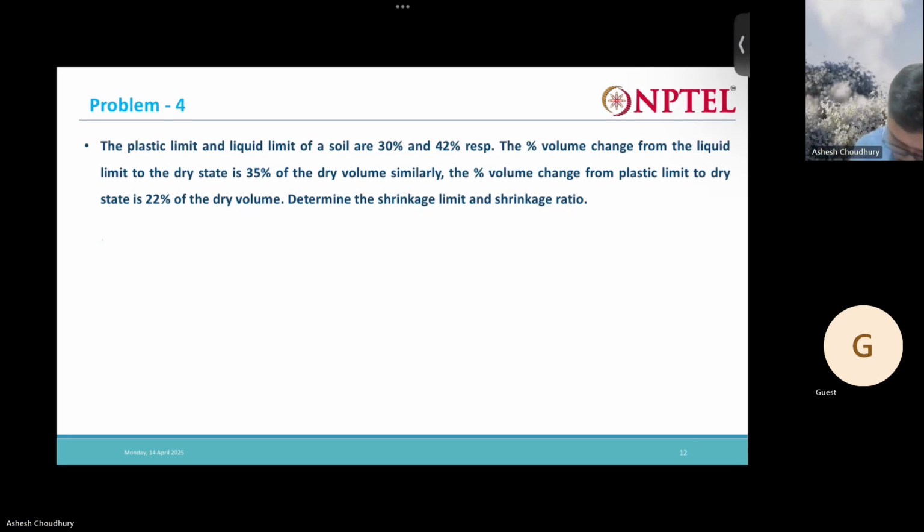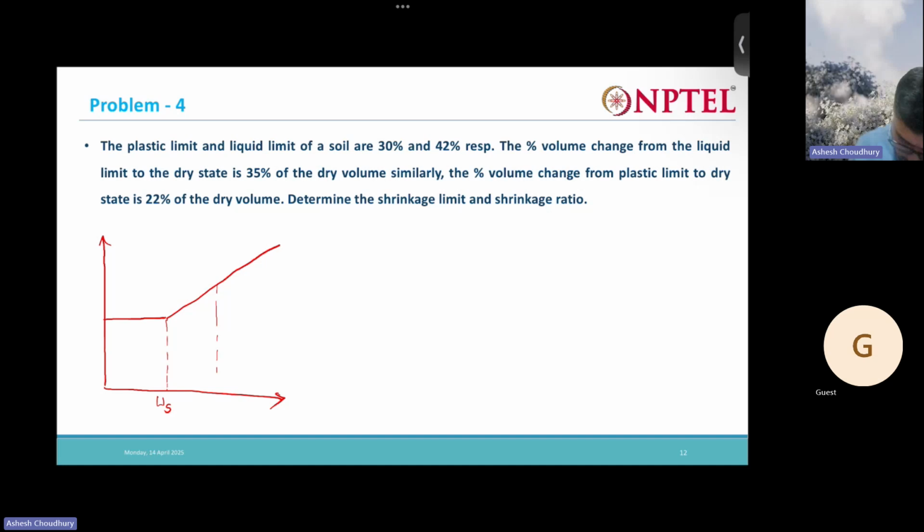So let us draw this volume with water content. So you have a graph looking something like this, right? Here we have the shrinkage limit. Somewhere here we will have the plastic limit. Somewhere here we will have the liquid limit.